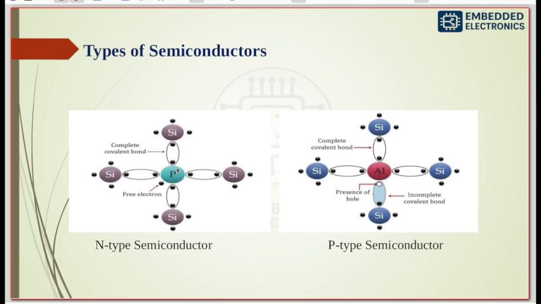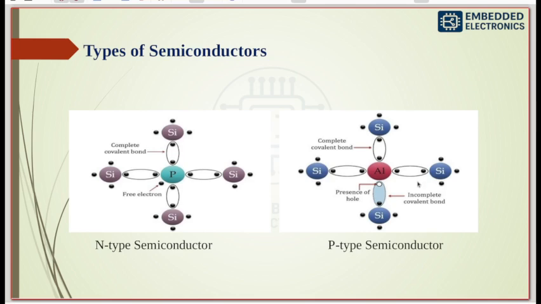So one extra electron becomes free here. See, this is the free electron. That's why it is called n-type, meaning negative. Here electrons are more, so an extra electron is present. So current flows mainly by electrons.